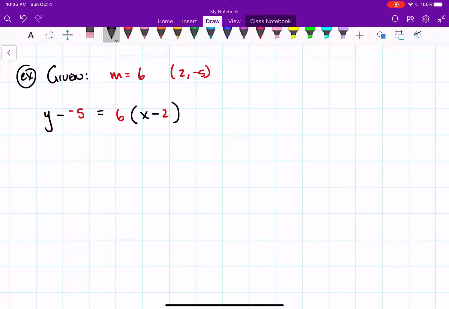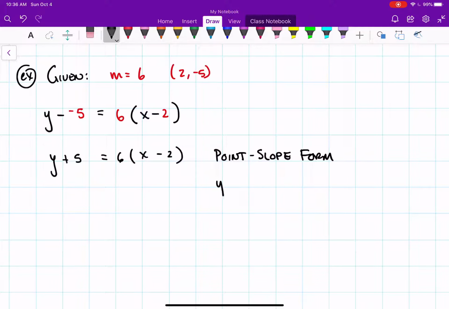Okay, let's finish this up. So you get y plus 5 is equal to 6 times x minus 2. This is your point slope form, which is y minus y1 is equal to m times x minus x1.